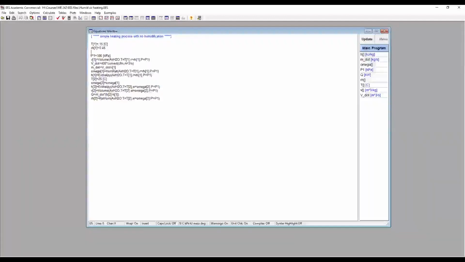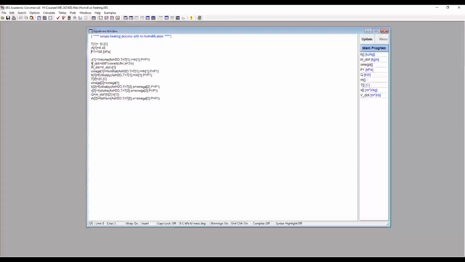Next, always enter a pressure. This is a sea level problem. We enter 100 kilopascals. Do not use the index symbol or bracket for this because there's no change in pressure. This is always constant during the process, and we do not want to treat it as a variable. So type like this, just P1.